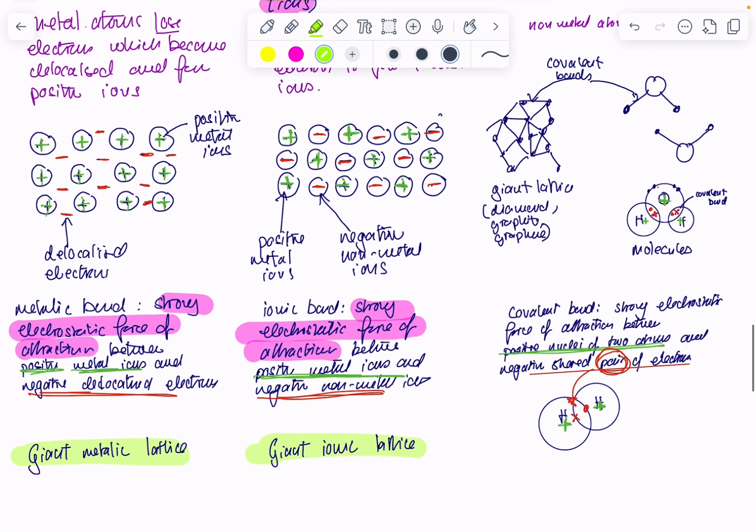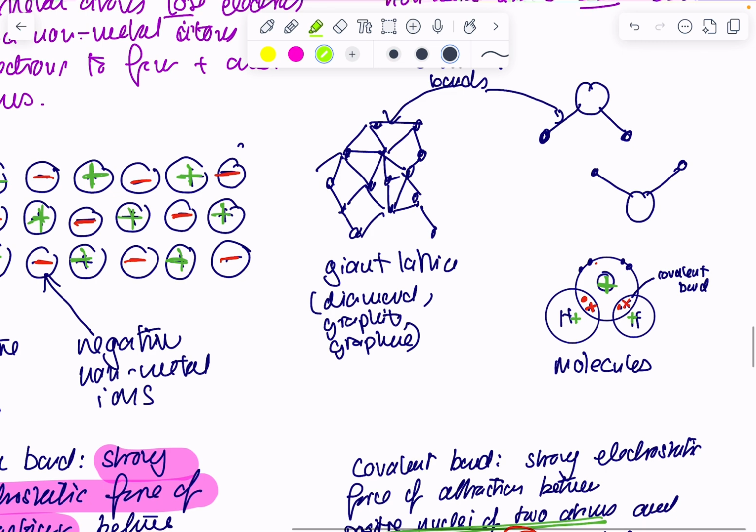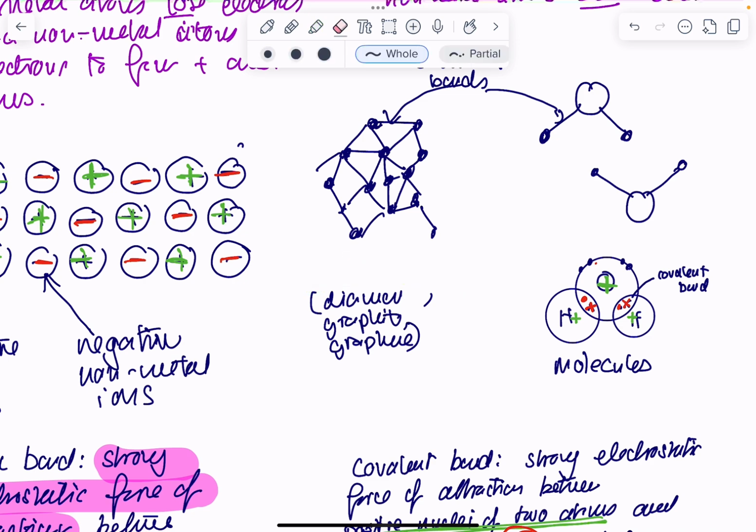So, in covalent substances, we can have 2 kinds of structure. And I've already talked about what these were. So when there's lots and lots of atoms that are covalently bonded to each other, and it could go on and on, we're going to call it a giant covalent structure.